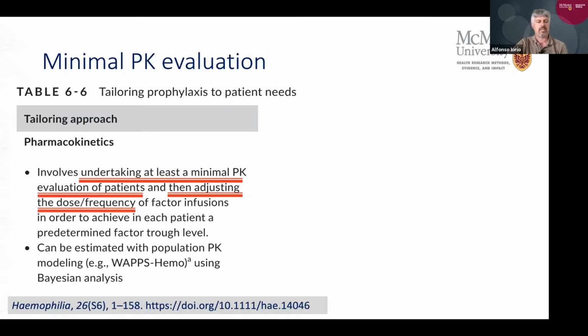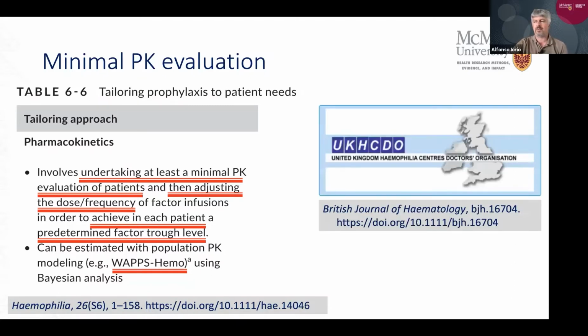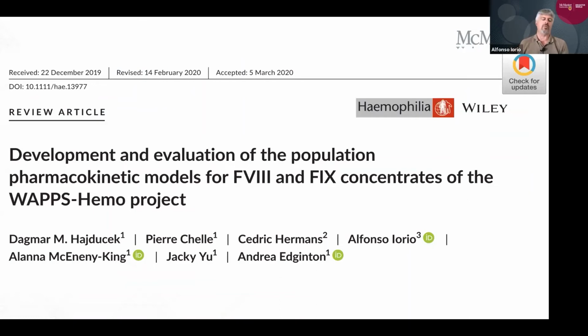And the recommendation is to do this minimal PK assessment using a tool like WAPPS-Hemo. And I will tell you in a second why I believe WAPPS-Hemo is the tool that WFH recommends as the first choice. The UK CDO organization is not recommending anything different, with more or less the same words, again recommending use of WAPPS-Hemo or other tools.